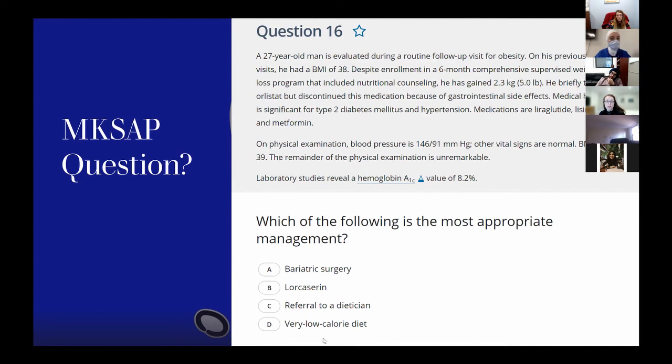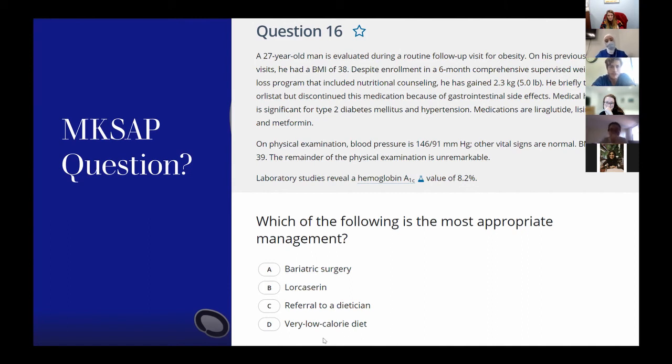All right, Dr. Prince, since you're maybe never going to take the boards, but maybe you will, can you read this mix-up question for everybody else that's going to take the boards? No worries. A 27-year-old man is evaluated during a routine follow-up visit for obesity. His last two visits, he had a BMI of 38. Despite enrollment in a 6-month comprehensive supervised weight loss program that included nutritional counseling, he's gained 2.3 kilograms, 5 pounds.